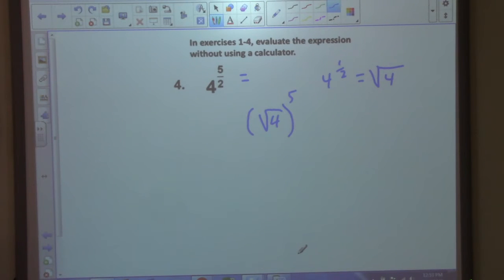Let's go ahead and look at this. What is the square root of 4? 2, right? It's 2 to the 5th power. So we have 2 to the 5th power, and that's 32.